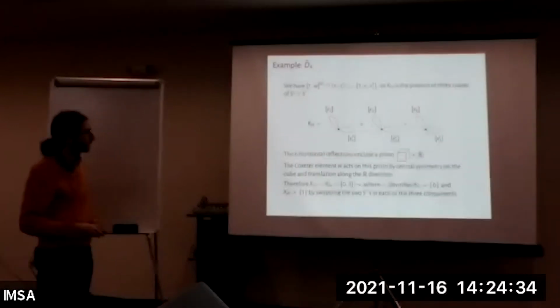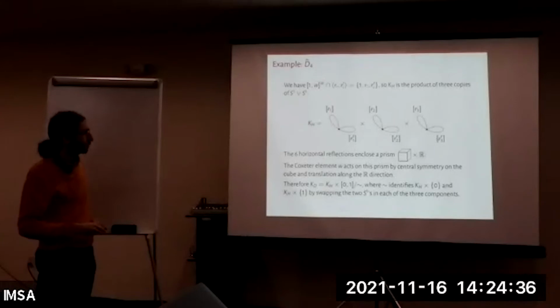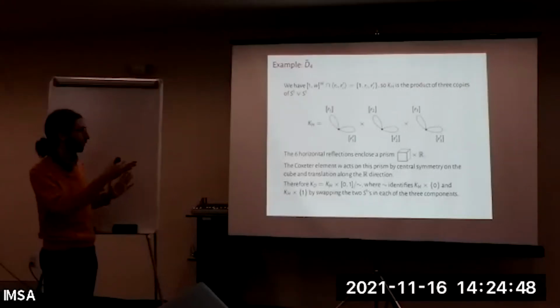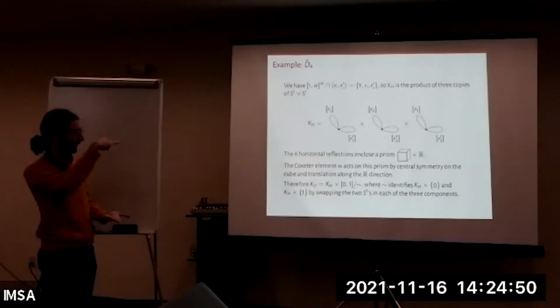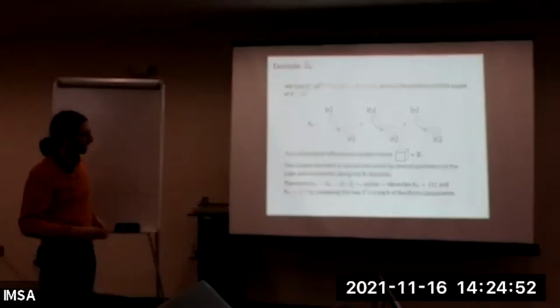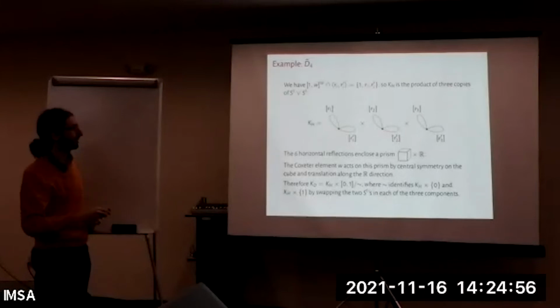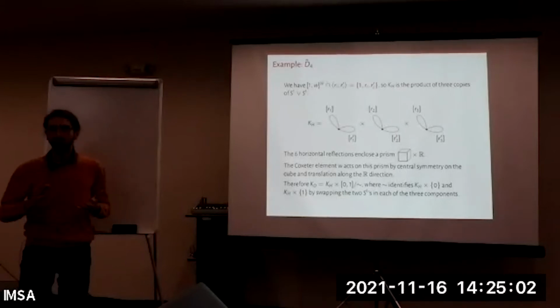Anyways, this is what the complex KH looks like, and the complex KD is just KH times an interval where we identify top and bottom of KH by swapping the two reflections in each of these subspaces. Okay.